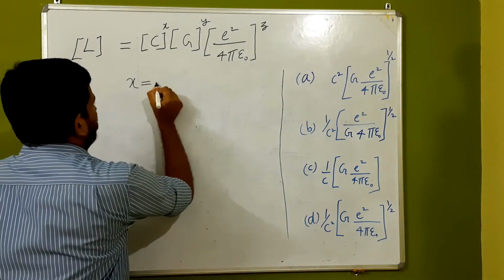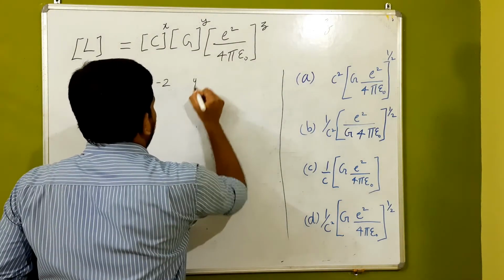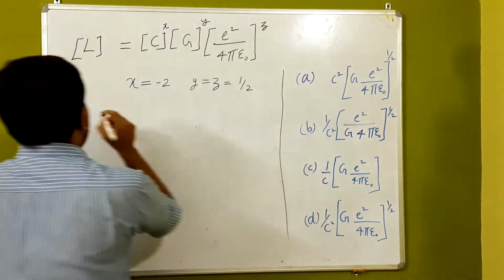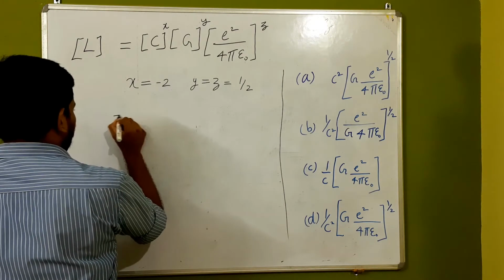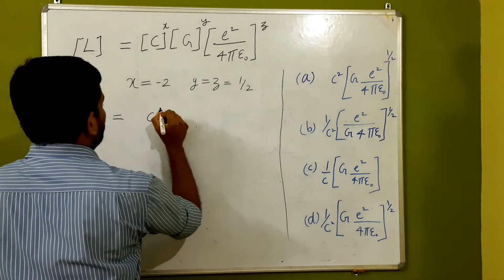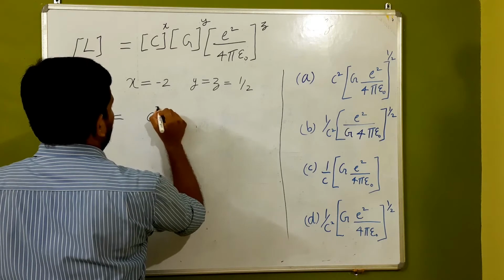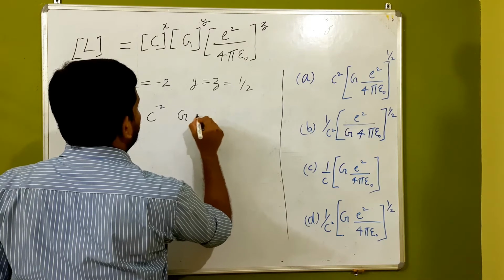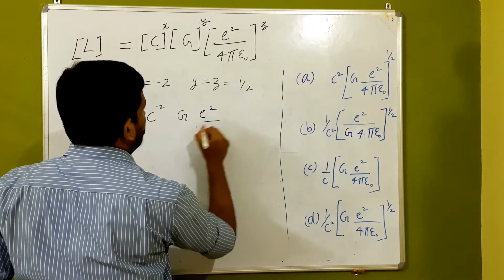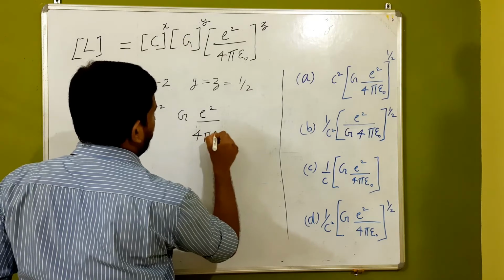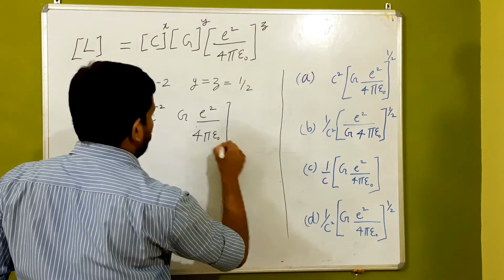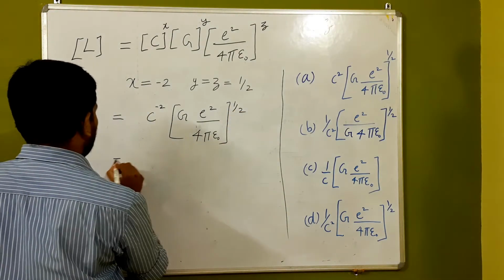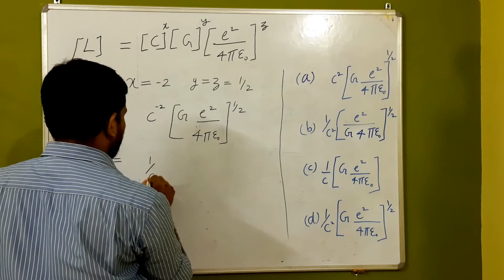X is equal to minus 2, y equal to z is equal to 1 by 2. Putting these, we have c to the power minus 2, g and this term together, 4 pi epsilon 0 the whole power 1 by 2, that is equal to 1 by c square, right?